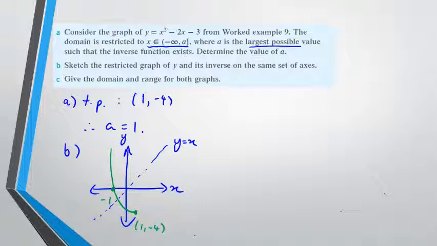So x values become y values. So 1, -4 becomes -4, 1. And then the other -1 on the x-axis becomes -1 on the y. And so it turns that way now. It's best if you turn the page around, don't do what I did.